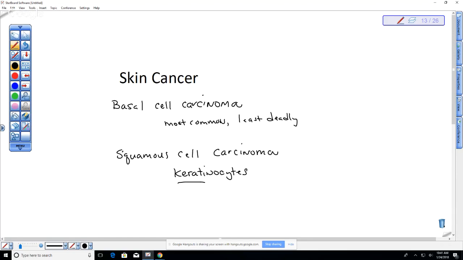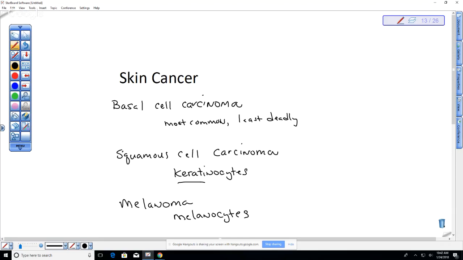Okay, so what would be the third type of skin cancer that is the most deadly because of its ability to metastasize very quickly? Does anybody know? Melanoma. So melanoma has to do with melanocytes. It is the melanocytes that become cancerous and divide uncontrollably.